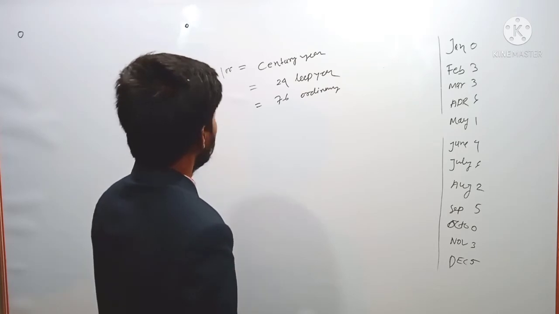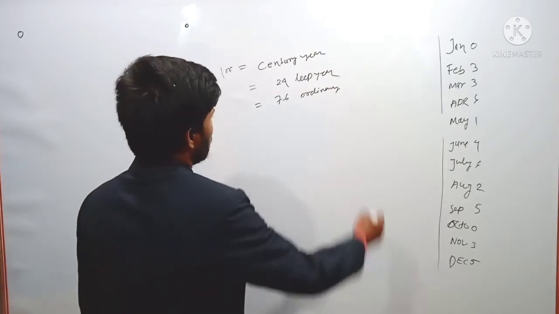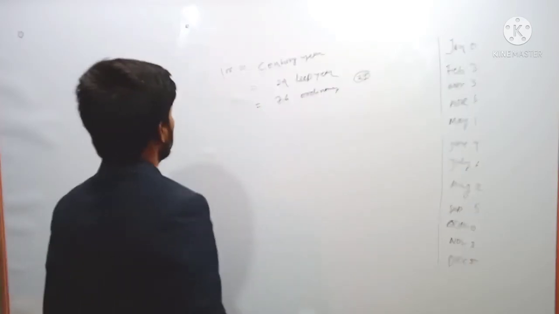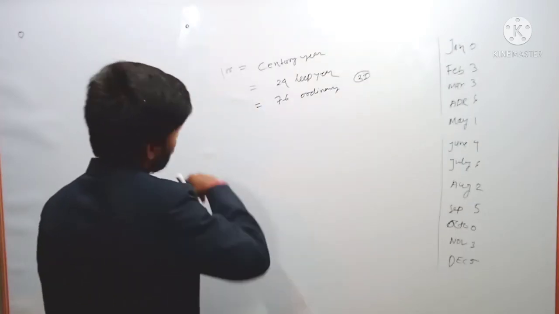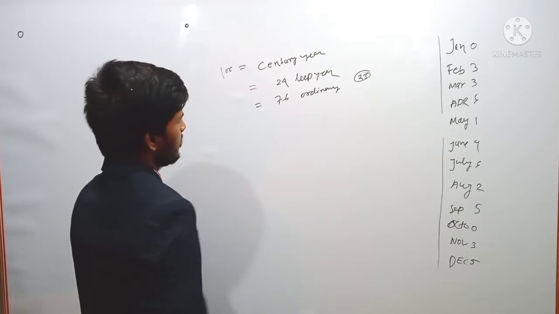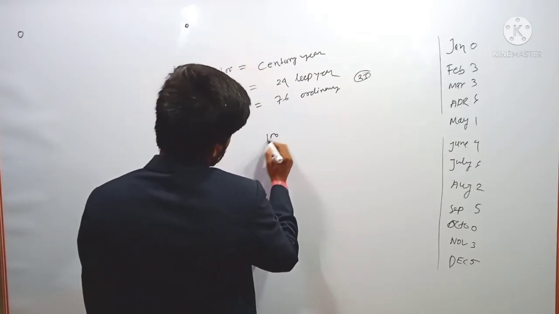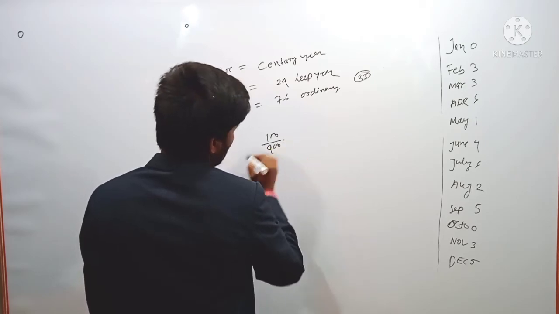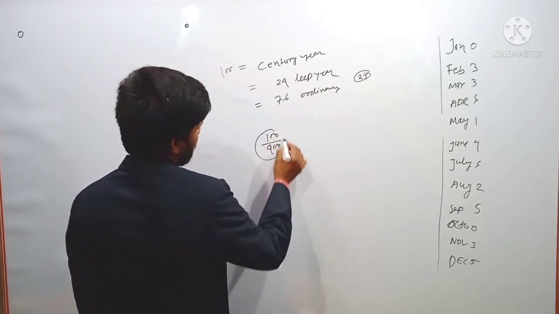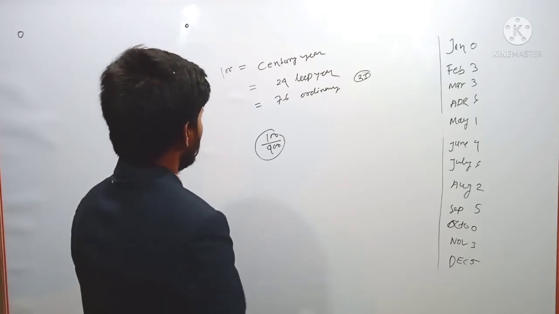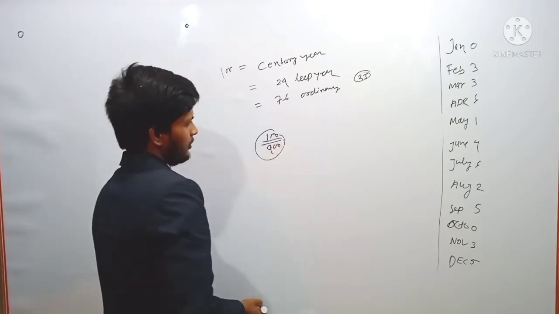If we divide 100 by 4, then it gives 25, but 100 is a century year, that's why you should divide it by 400 for a leap year, but 100 is not divisible by 400, that's why in a century year 100 is not a leap year.